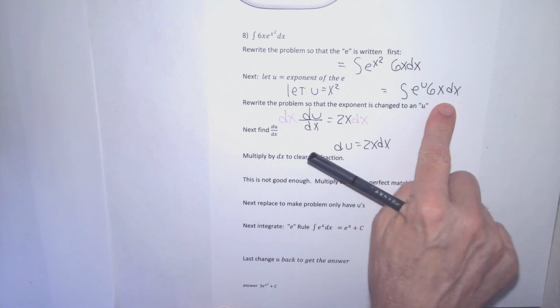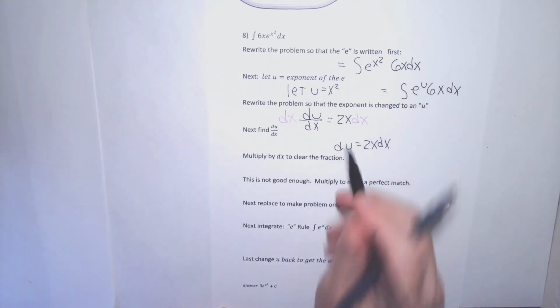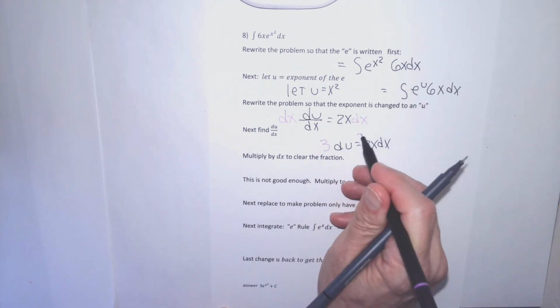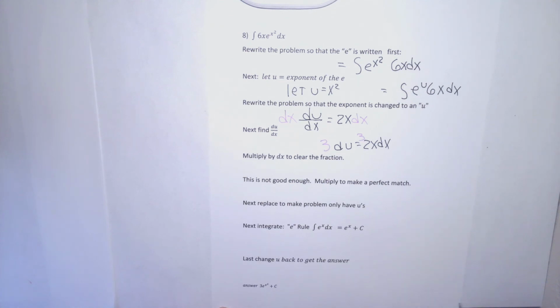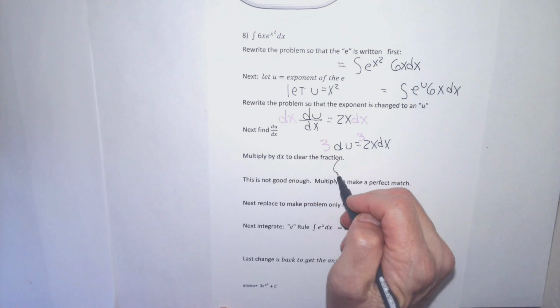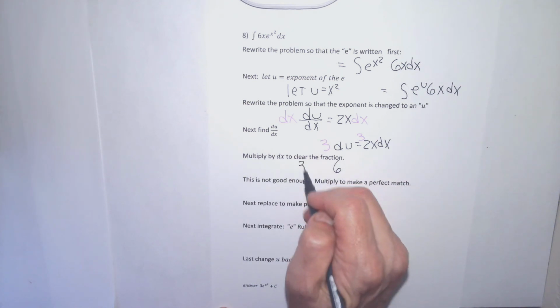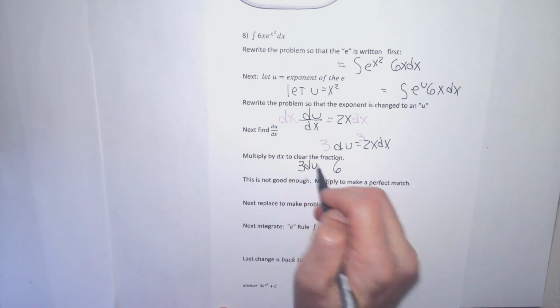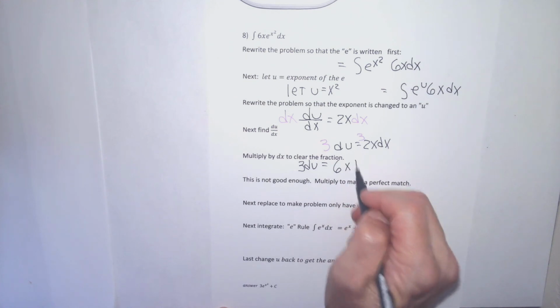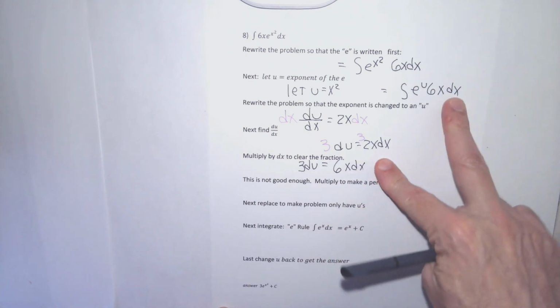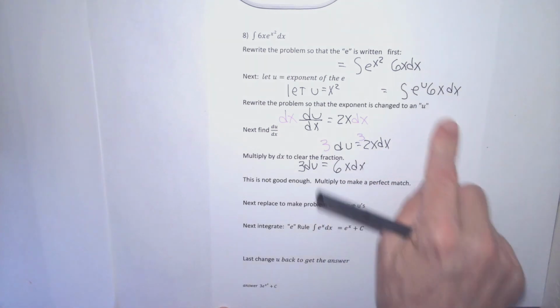Not good enough because I need to make the match perfect. I make the match perfect by multiplying by 3. Either I'm going to multiply by an integer or multiply by a 1 over a fraction. And this is going to give me 3 du equals 6x dx. There's a perfect match. Now I can make the problem only have u's.